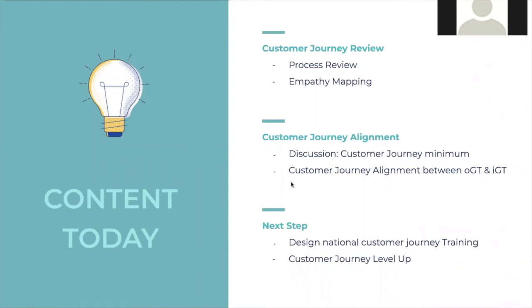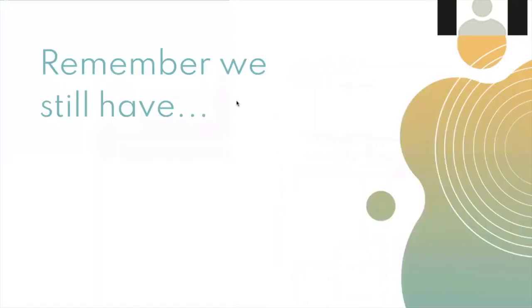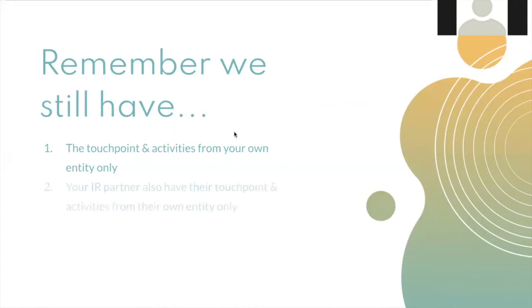Now we're going to talk about the next step, because after this we still have some more things to work on. For example, from your own entity you have touch points beyond the minimum touch points we defined from the regional perspective, and you may also have other activities. These are things you need to take into consideration.